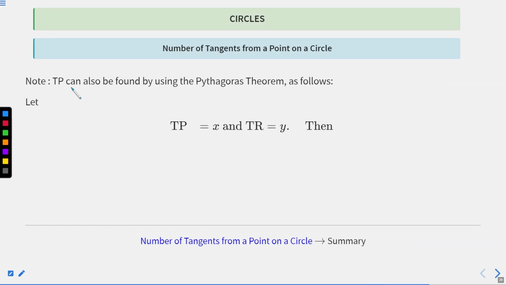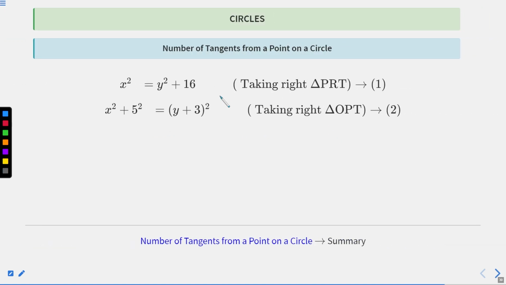Note it down: TP can also be found by using Pythagoras theorem, as follows. We can let TP equal x and TR equal y. Taking right triangle PRT, x square is equal to y square plus 16, and taking right triangle OPT, x square plus 5 square is equal to y plus 3 whole square.